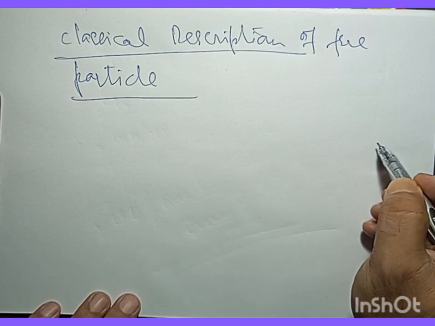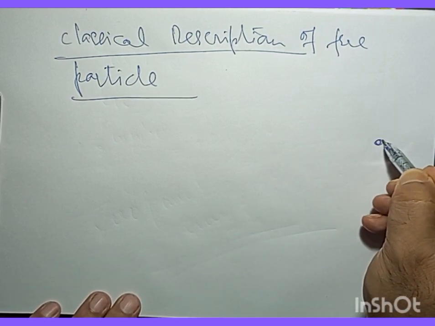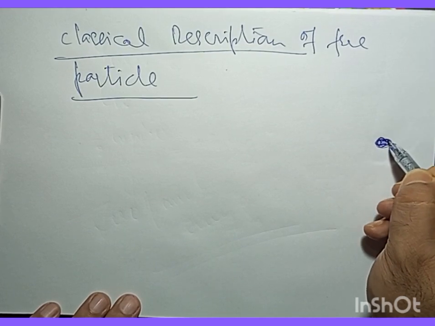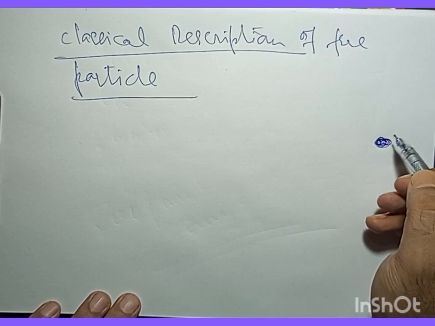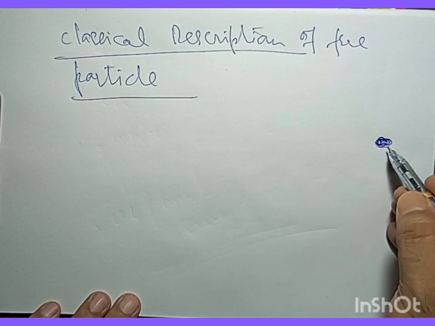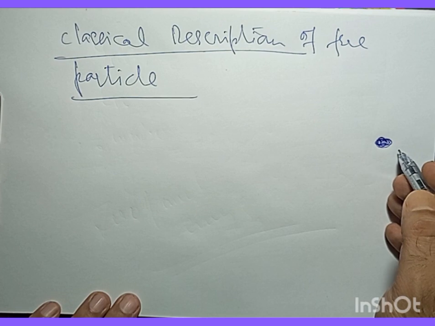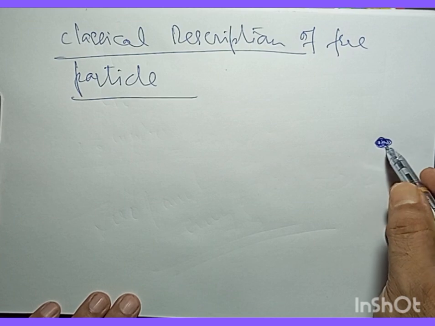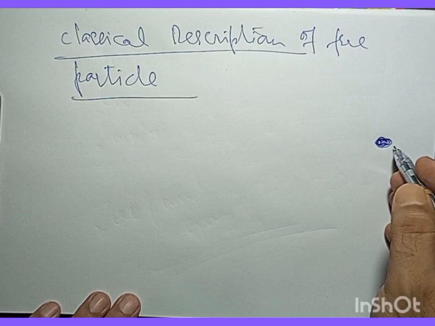So what we say is that, in classical mechanics, a free particle is basically an object that is not subject to any kind of force. If you have an object and you don't apply any kind of force on it, it's a free particle, and it is non-interacting with any potential fields.